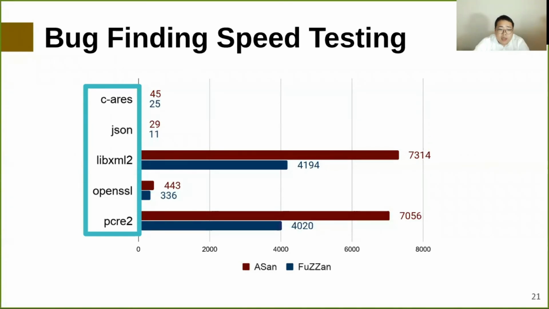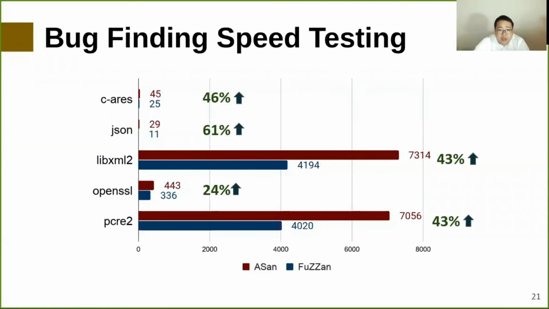We also did not replay recorded input during these campaigns. As a result, Fuzzan found all bugs up to 61% faster than Address Sanitizer and was faster in all cases. This experiment emphasized our belief that throughput is paramount when fuzzing with sanitizers.